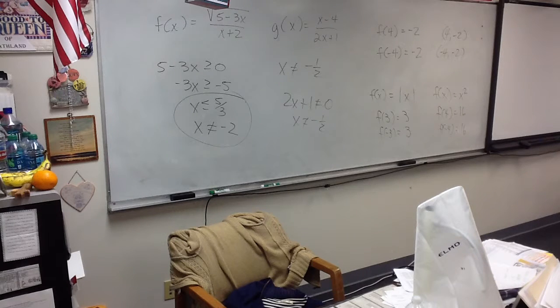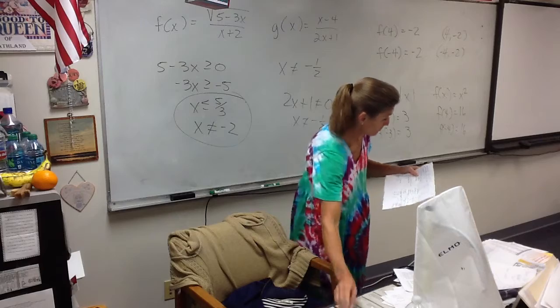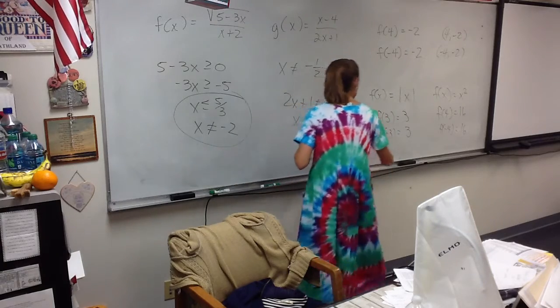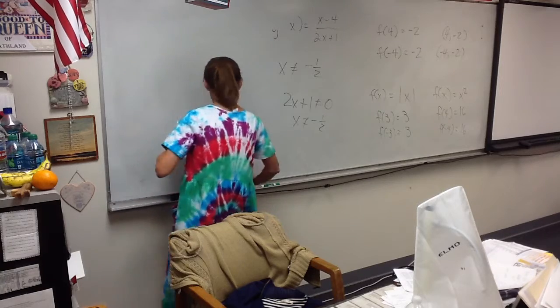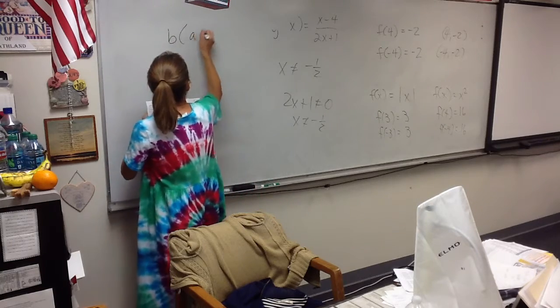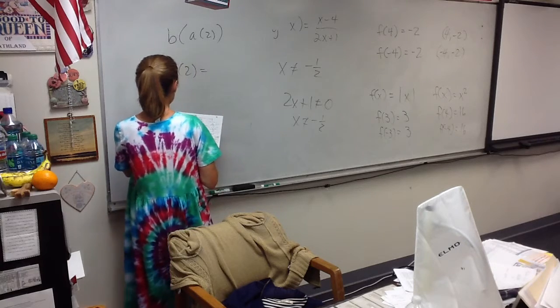Third one, b of a of 2. We start by plugging in, we're finding b of a of 2. We're going to find a of 2 first, so what's a of 2?